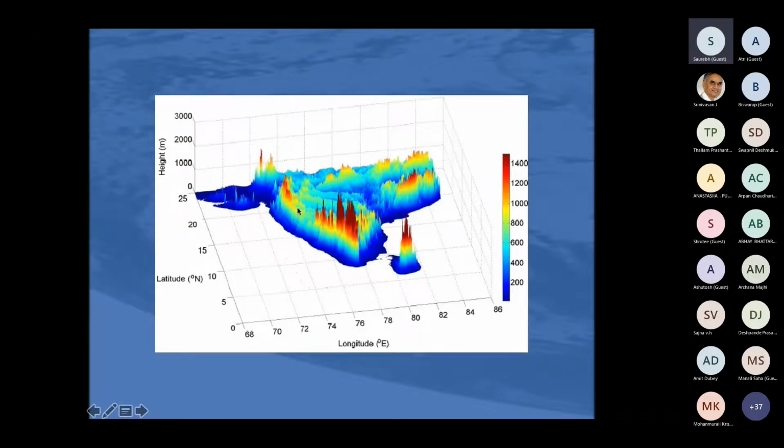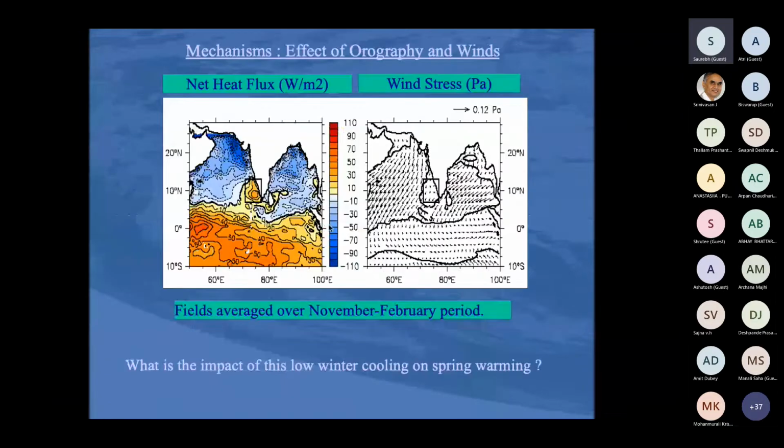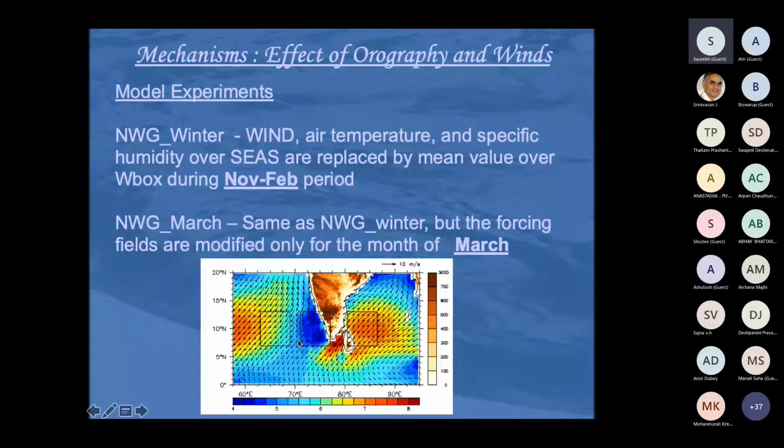But when you go further up north, the mountains are not so tall, so the winds can pass through easily and cool the oceans. So owing to that process, in this region, the winds are weak. That's very clearly seen in the satellite data, where the winds are weaker here and the winds are strong on either side.